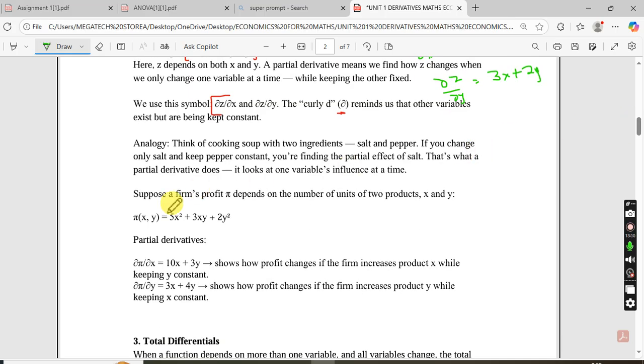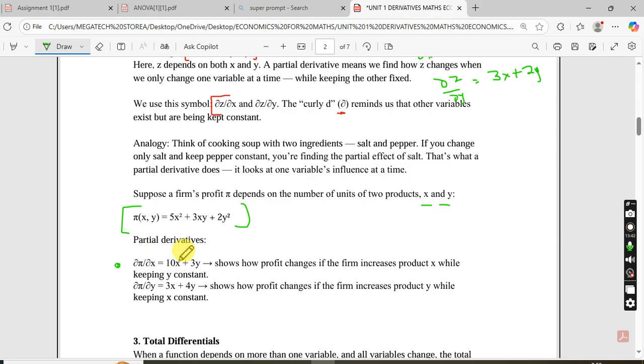Yes. In economics, for example, we have a profit function here, which depends on two products, x and y. What our partial derivatives are going to tell us, if we derive this function with respect to x, is how our profit changes if the firm increases product x while keeping y constant.